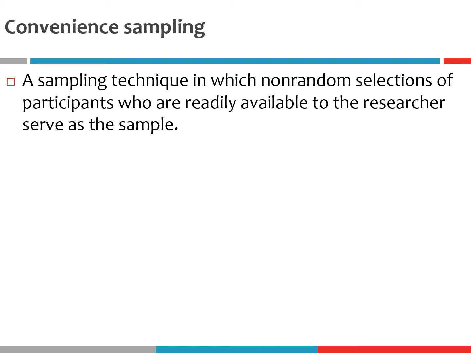While this sample is certainly convenient, it may not reflect how most of the students at Mercer feel. So first, if you take mostly psychology classes, psychology majors will probably be overrepresented in your sample.